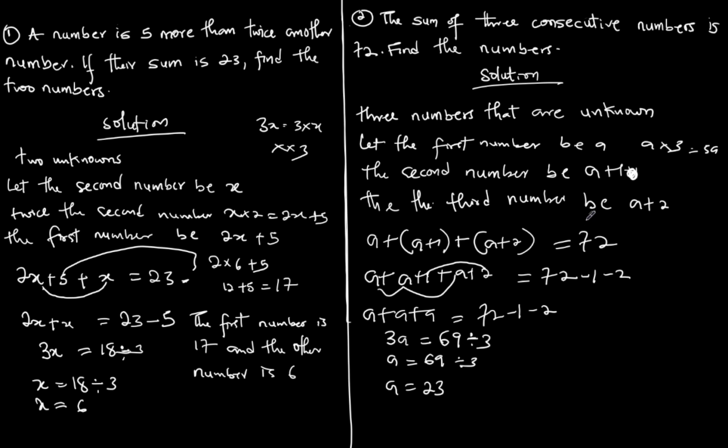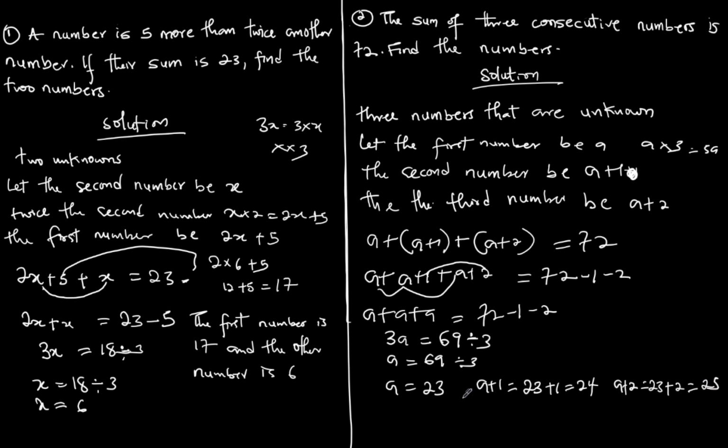The second number is A plus 1, which is the second number. Remember, A is 23, so instead of A, we have 23 plus 1, and that is 24. Now, the third number, A plus 2. Instead of A plus 2, we know A is 23, then plus 2 will equal 25.